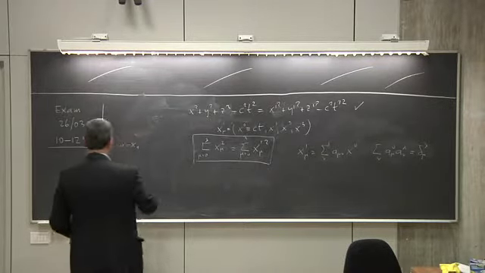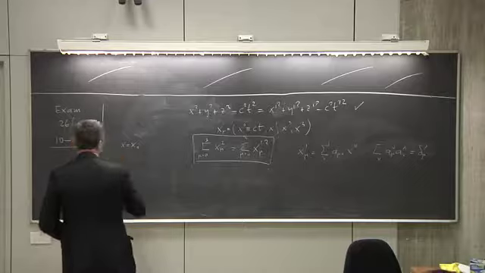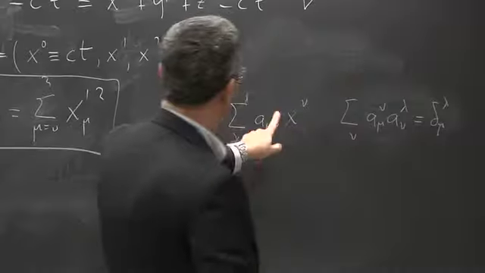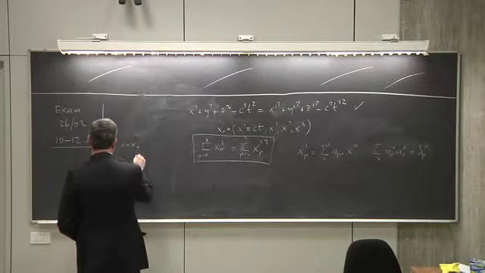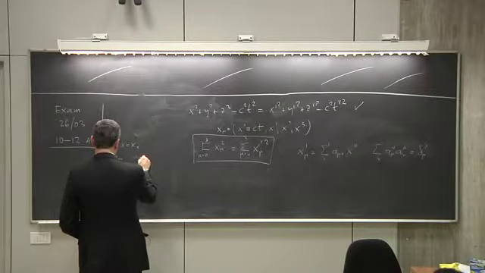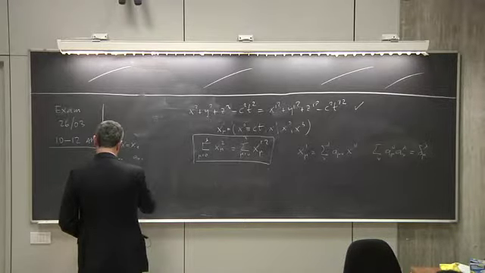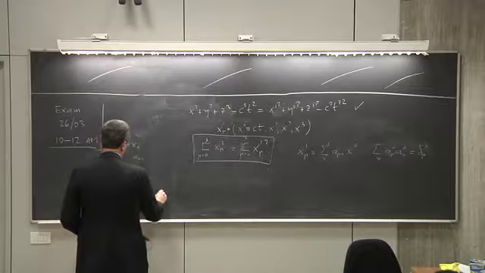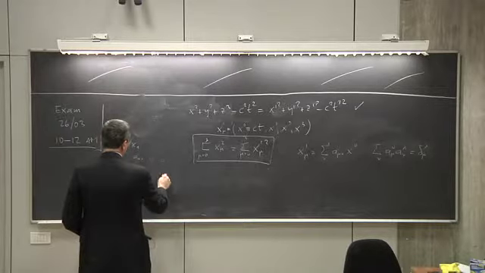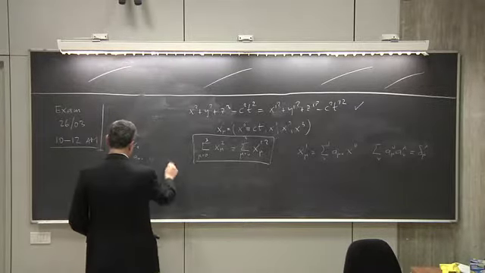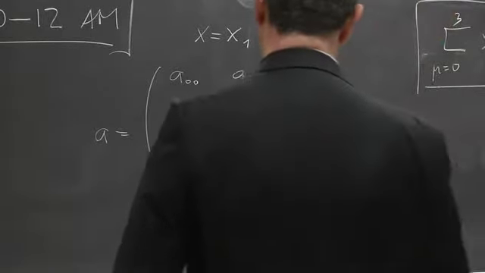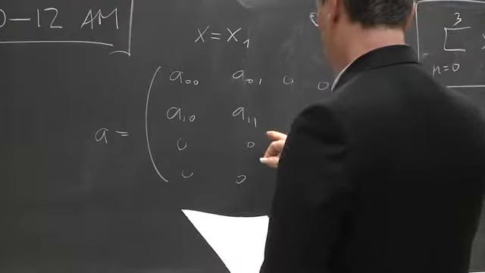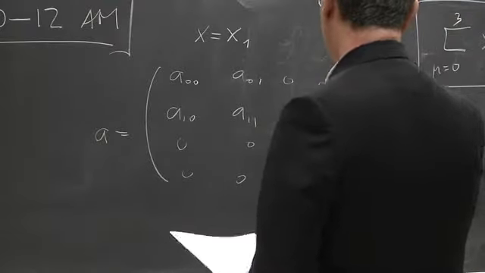So that matrix A, if I'm looking just at the 0, 1 components, is made like this: A00, A01, A10, A11, and then the rest is 1, 1 and zeros, obviously.